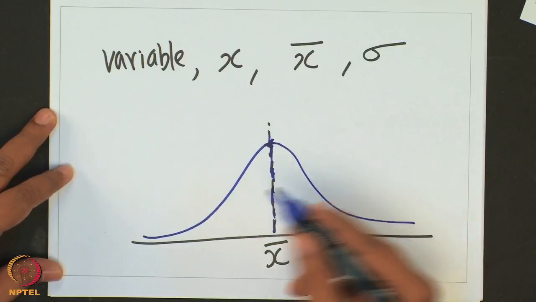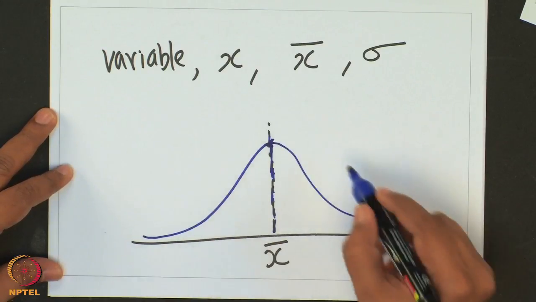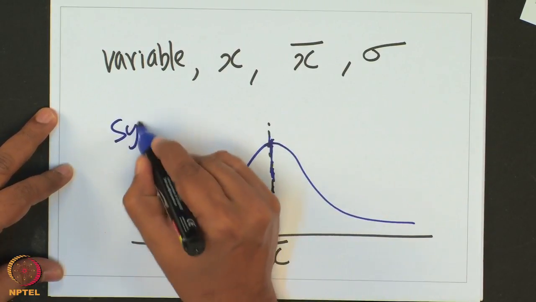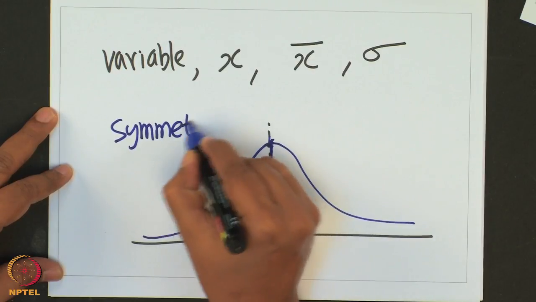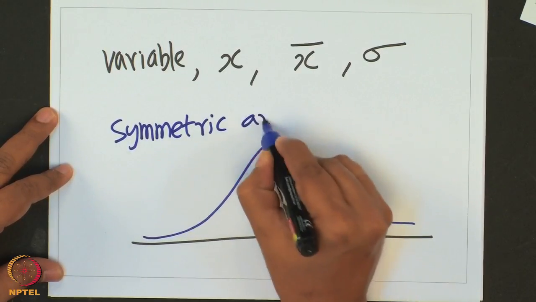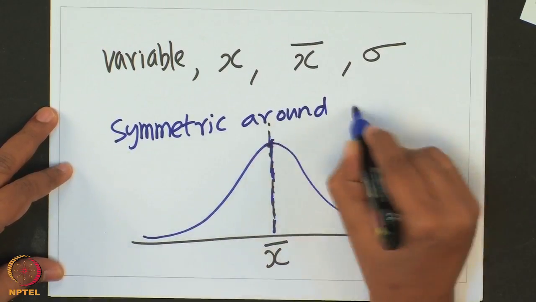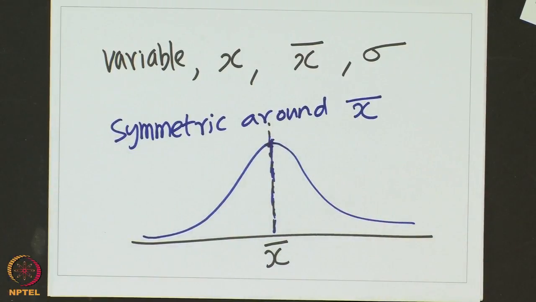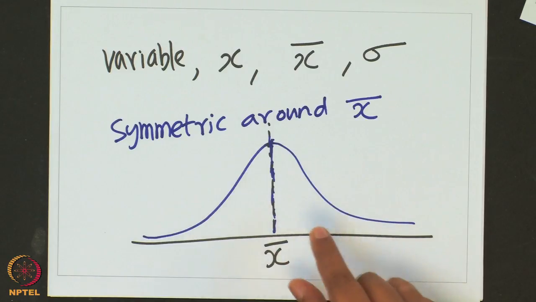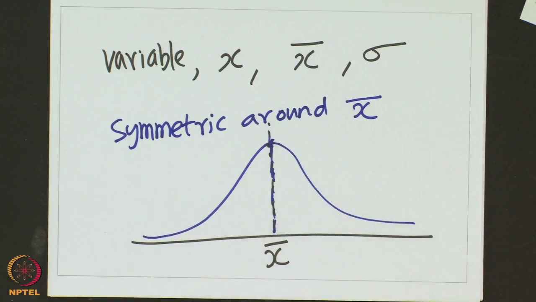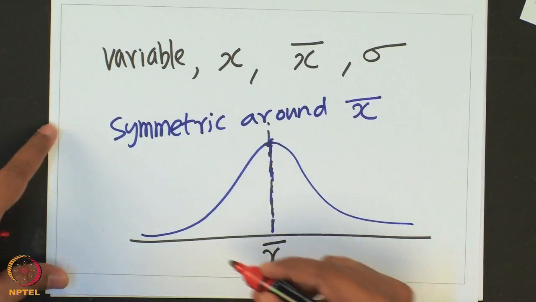So, the first point is this is symmetric around the mean x bar, and it has a width. I could draw the same distribution symmetric around x bar in many different ways.